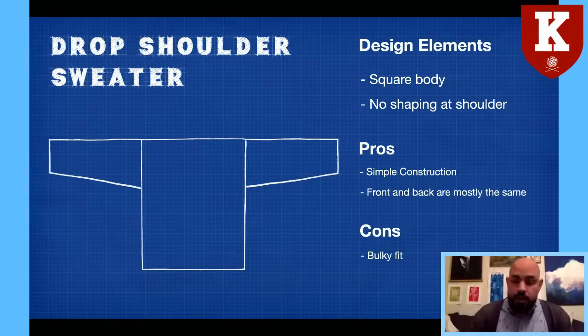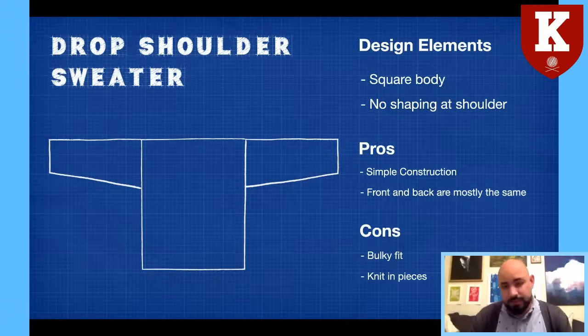So, right. Next up, we have a sweater that is also knit in pieces, which can be a pro or a con. A lot of people don't like seaming sweaters. The nice thing about this is if you do knit the body in one piece, you can knit it in one piece up until the shoulder, then you can knit it flat across. You can do your collar shaping on the front and then just attach it at the tops.